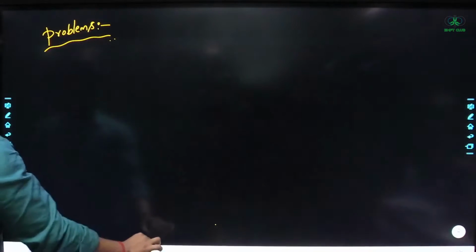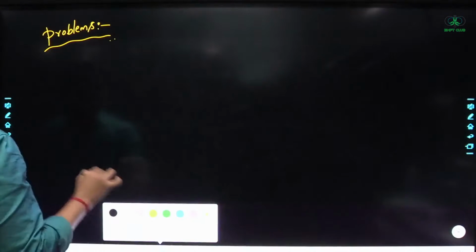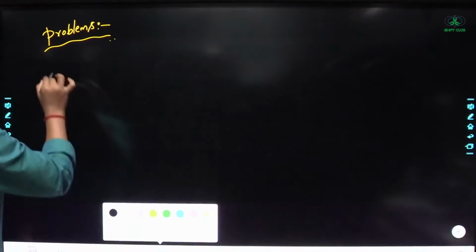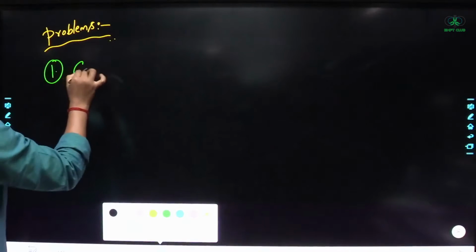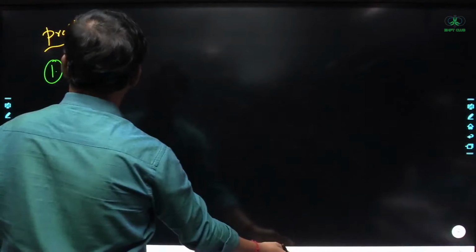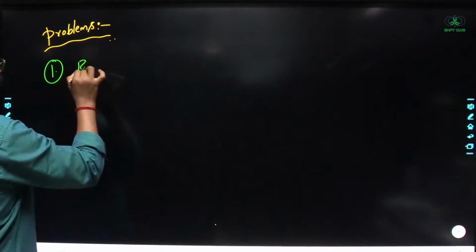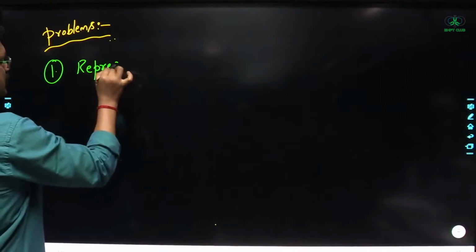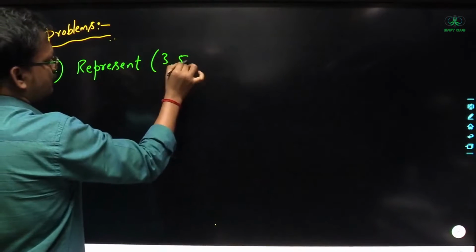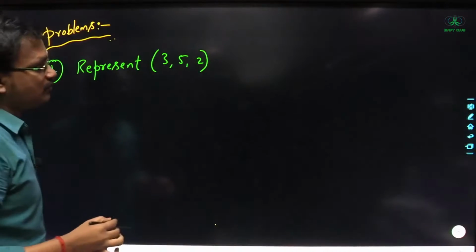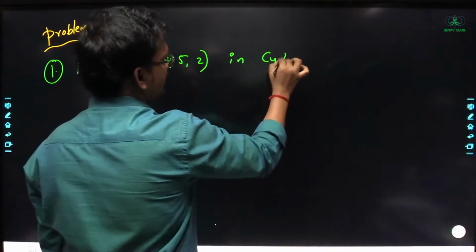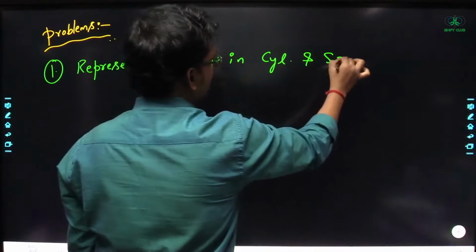So the first problem, write it down. Represent the point (3, 5, 2) in cylindrical and spherical coordinates.